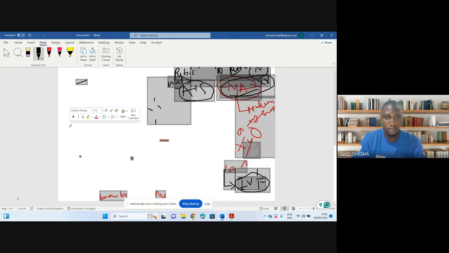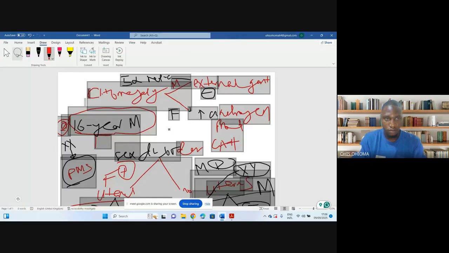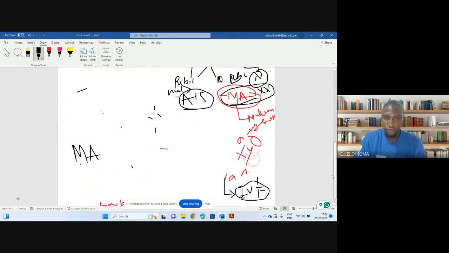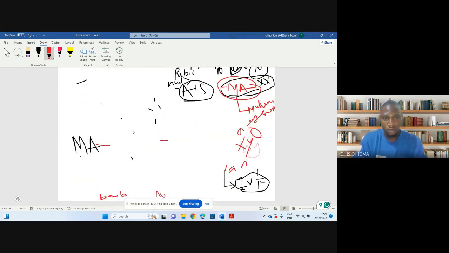In Mullerian agenesis, the patient's a female. The patient has no uterus, right?